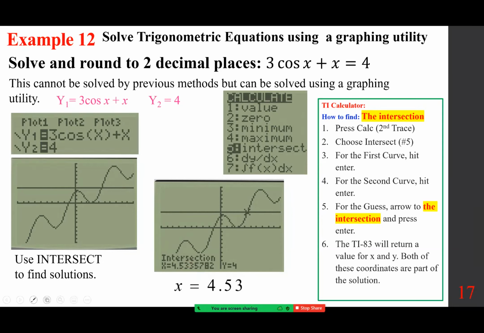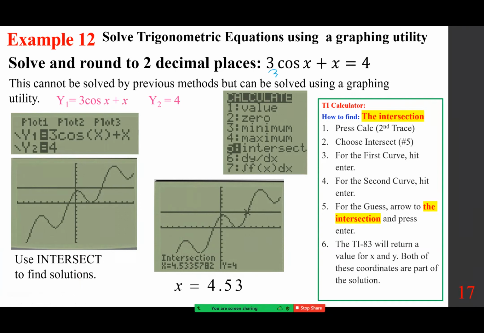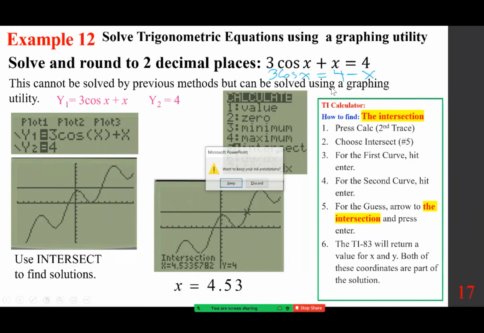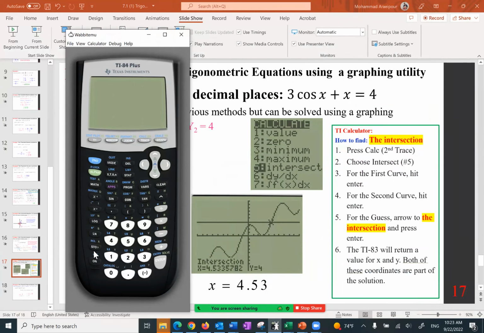As I mentioned, you could do 3 cosine x equals 4 minus x and graph that. If you put it in that format and graph it, it looks like this. So second trace, you bring it down to the intersect.